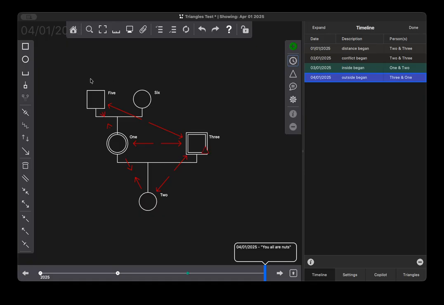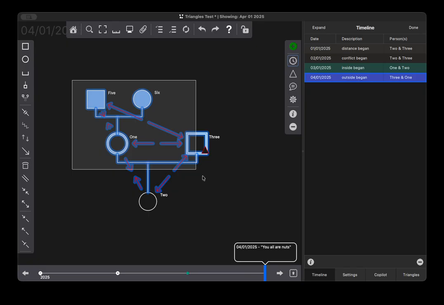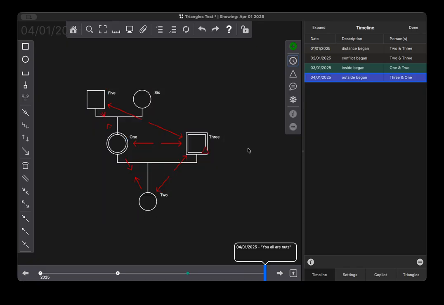This is a very nicely laid out family with not that many people, but a usable family diagram gets kind of busy. So again, this is outside 3 and 1. So this is 3 moving on the outside with, I can't even remember. See, I can't even tell. That's the problem.